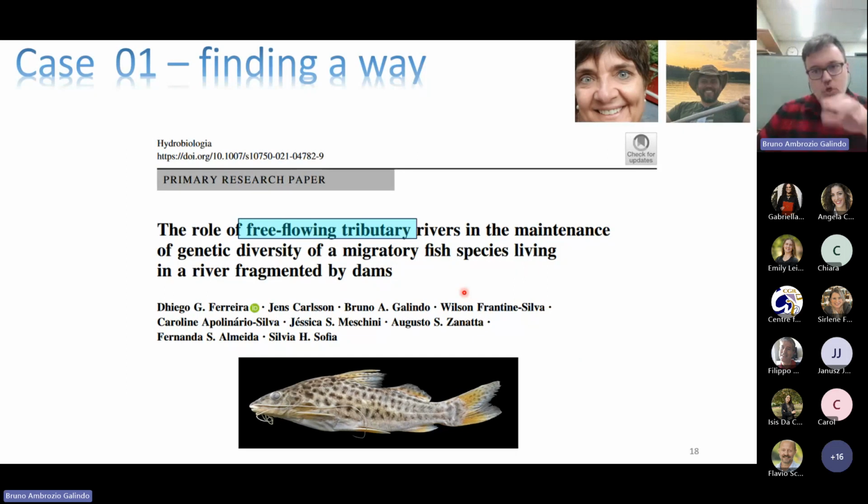So to carry out this job, we needed to find a species that was broadly distributed through the watershed and that had not been used in fish stock programs, because we wouldn't be interested in any human interference in our results.